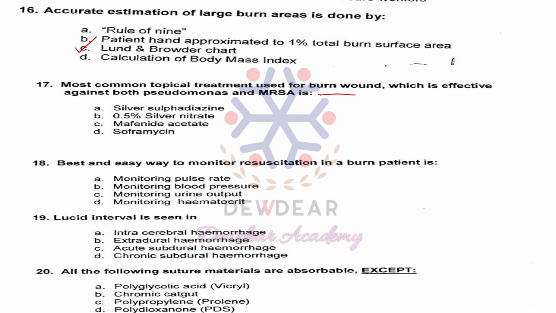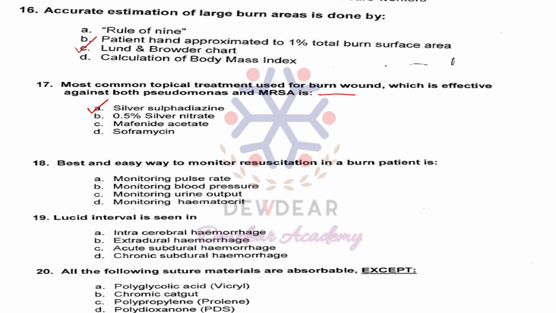So here the correct answer is silver sulfadiazine. Option A is the correct answer. Silver sulfadiazine is the most common topical treatment used for burn wounds.